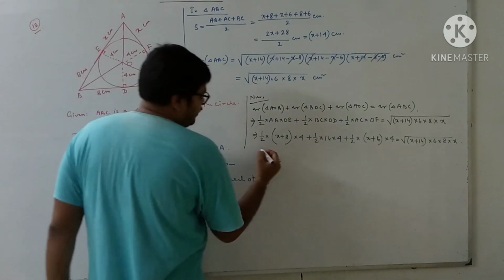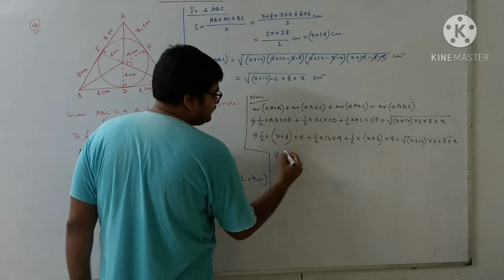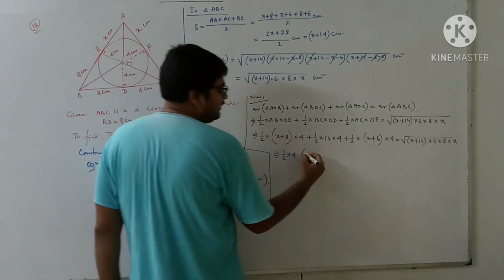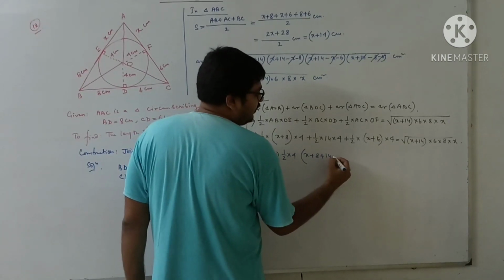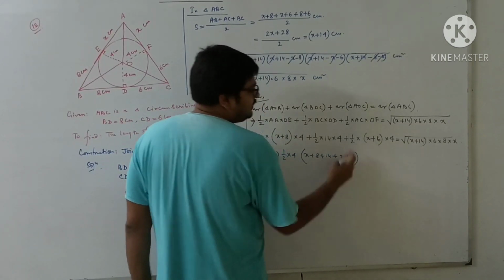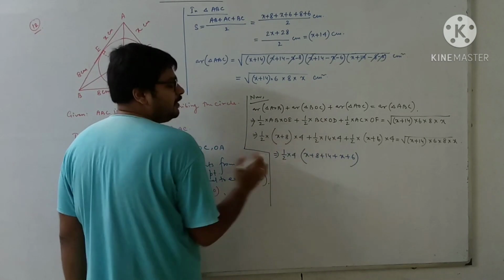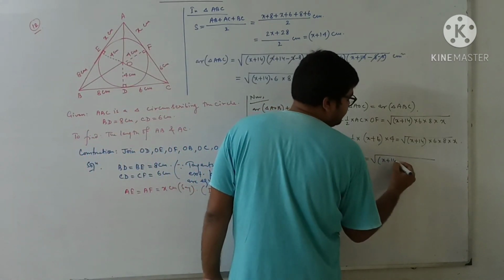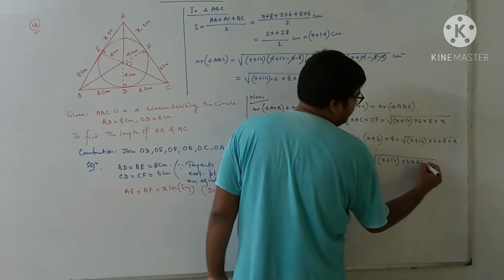So let's solve this one now. Half into 4 we are taking common. So in bracket it will be x plus 8 plus 14 plus x plus 6. So half into 4 I have taken common from all. That side it is root over of x plus 14 into 6 into 8 into x.